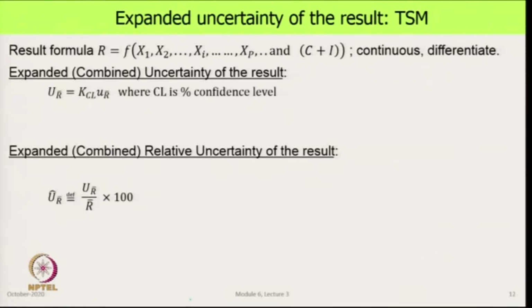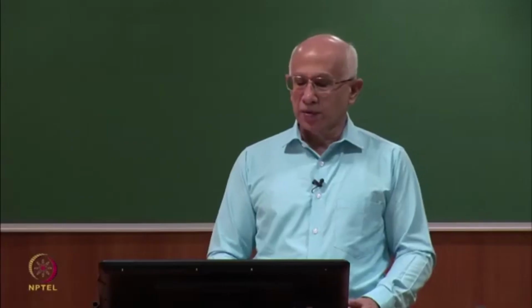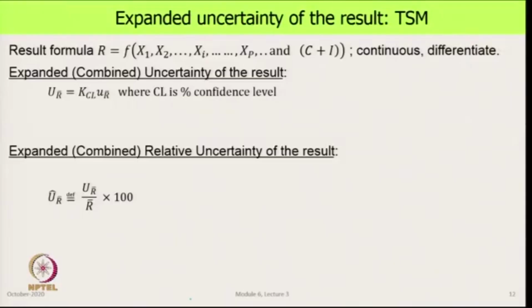We can use that number and calculate the expanded uncertainty of the result, which is that we select a confidence level, what is it that we want. Based on that, we calculate the multiplication factor k subscript CL, that means CL is at what confidence level, and then multiply KCL by the combined standard uncertainty of the result to get the expanded uncertainty of the result.